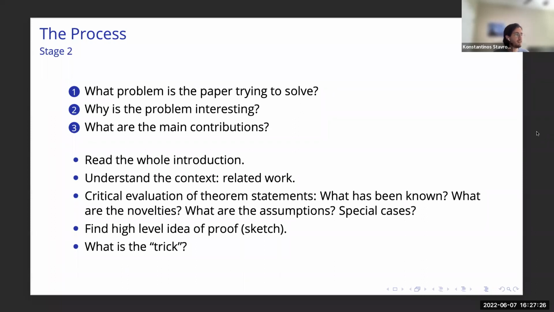So maybe one would like to understand the related work, to understand the relative framework in which this paper lies, but maybe not read other papers. Maybe not try to read one paper and then 10 papers. This is not a good strategy.